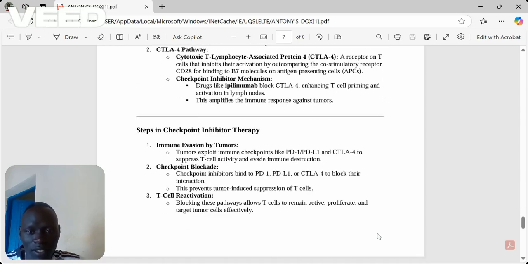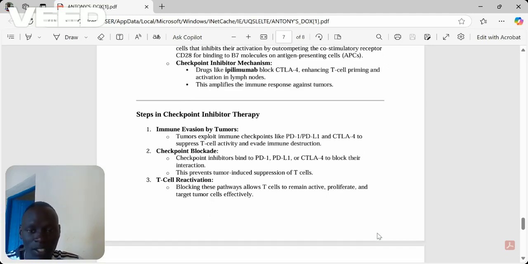Steps in checkpoint inhibitor therapy. One, immune evasion by tumors: tumors exploit immune checkpoints like PD-1, PD-L1, and CTLA-4 to suppress T cell activity and evade immune destruction.